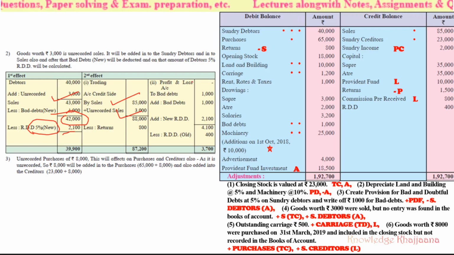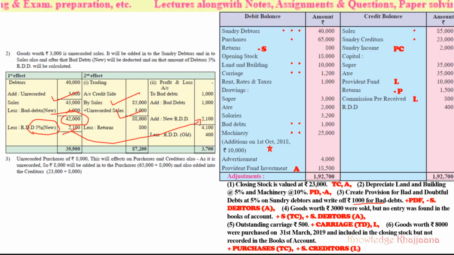Similarly, in the profit and loss account, the old bad debts rupees 1,000 were given. You had to add 1,000 new bad debts, and you have to add this RDD rupees 2,100 over here.